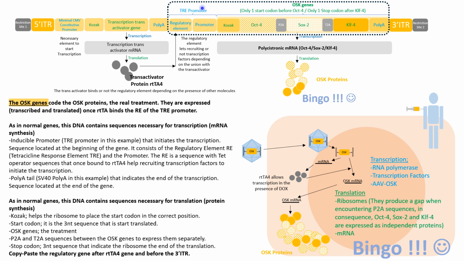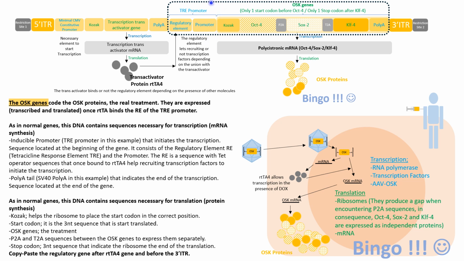The promoter indicates to the RNA polymerase that it has to start producing the mRNA, and the poly-A indicates that it has to stop. Thanks to the promoter, the transcription will start, and thanks to the poly-A, it will stop.